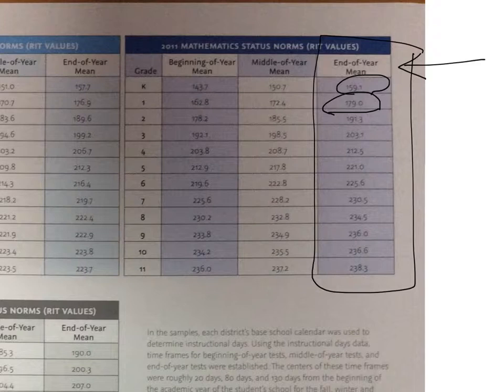A 50th percentile grade level norm end of the year, and again this is only in math, we can only use these numbers per subject. Second grade would be 191.3, and so on, each grade level going down.